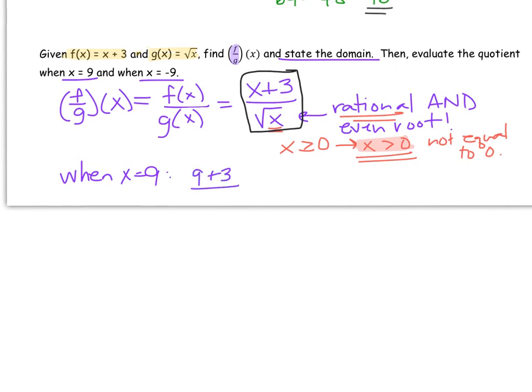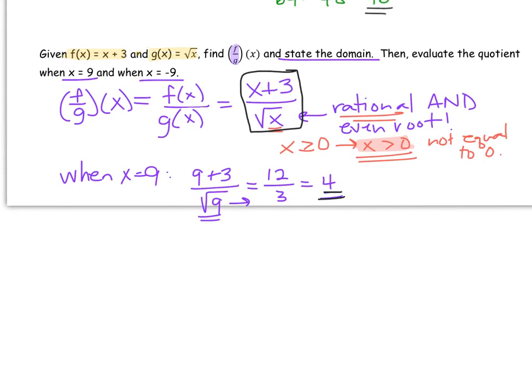The denominator is the square root of 9. Now the 9's don't cancel, but let's combine like terms if possible. 9 plus 3 equals 12 on top. On the bottom, the square root of 9 is a perfect square. It equals positive 3. 12 divided by 3 simplifies to a final quotient of 4. That would be our final answer when x equals positive 9.